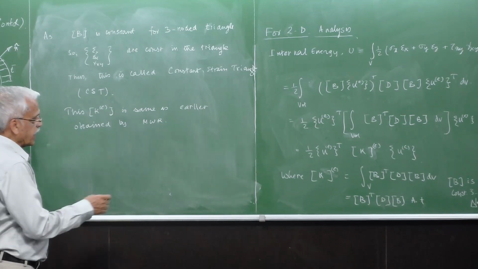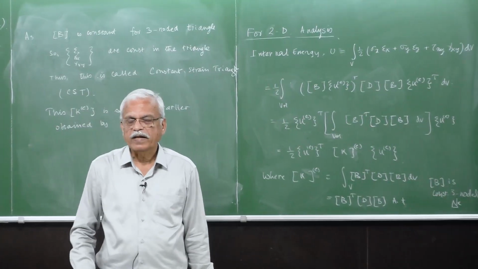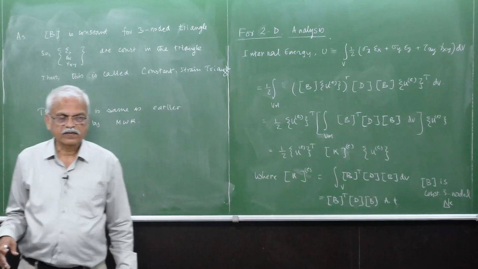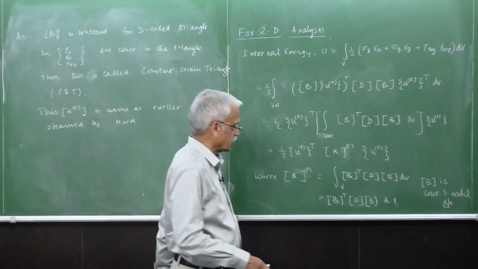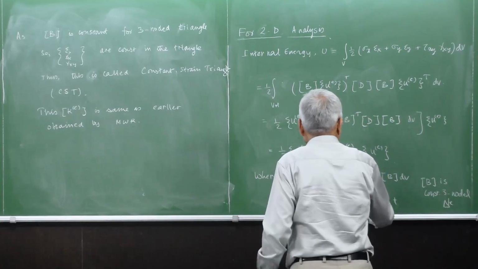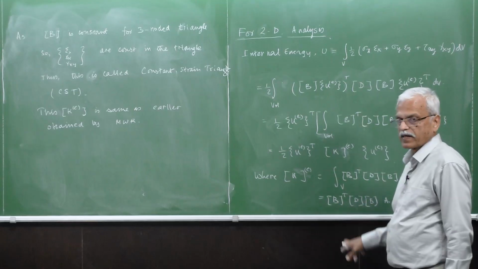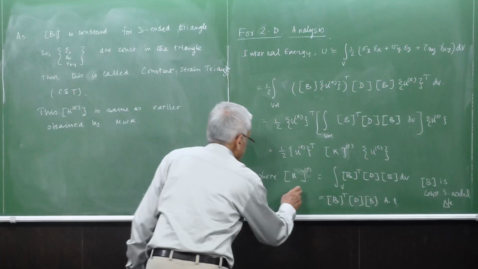Okay, where we had all those Kii, Kij. So we had a 2 by 2 matrix, all those 2 by 2 matrices put together told you that it is a 6 by 6. So here also, this is also 6 by 6. Of course, you can see that B is 3 by 6, D is 3 by 3, and B transpose is 6 by 3, and together it is a 6 by 6.